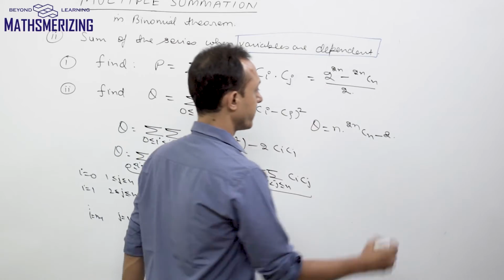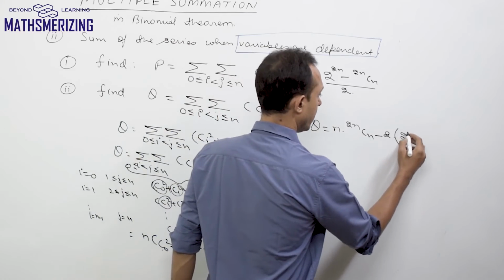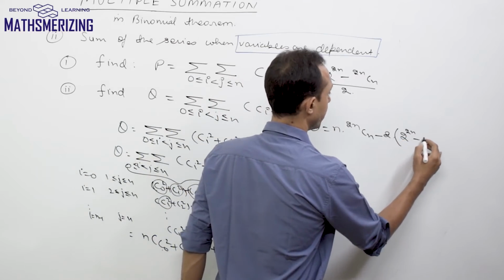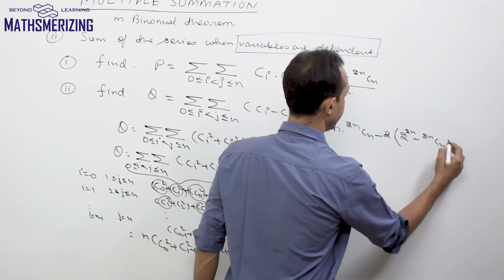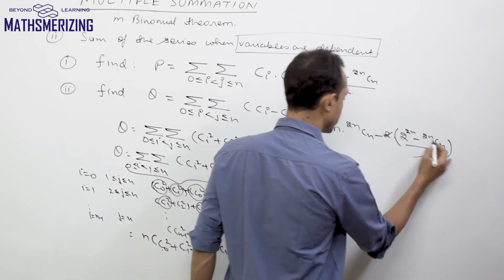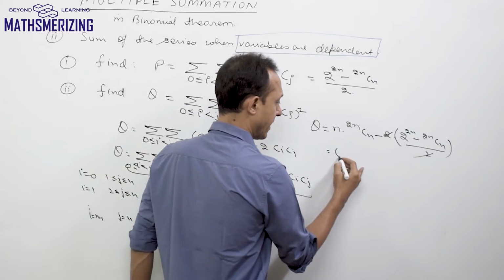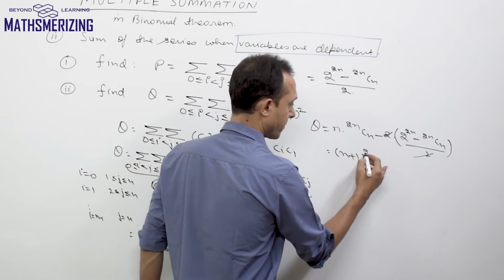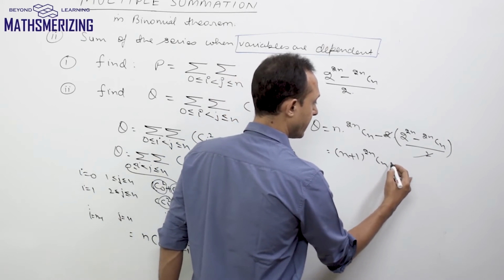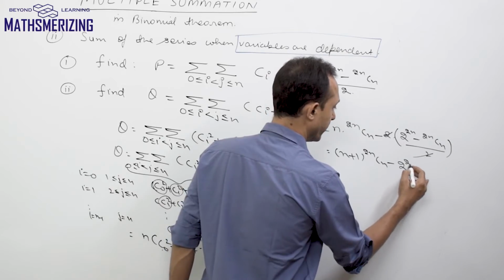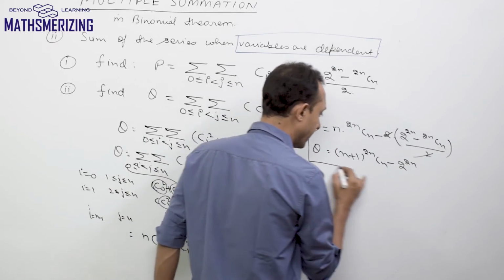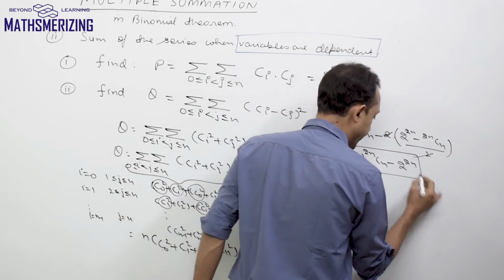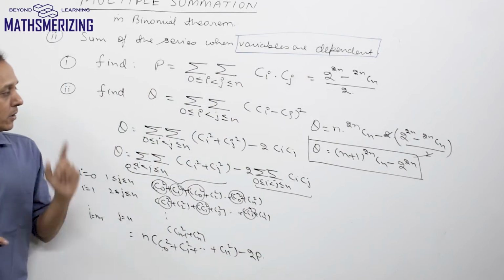The value of p is 2 to the power 2n minus 2nCn, whole divided by 2. So I'll cancel this 2. I can write it as n plus 1 times 2nCn minus 2 to the power 2n. So the value of q will be n plus 1 times 2nCn minus 2 to the power 2n.